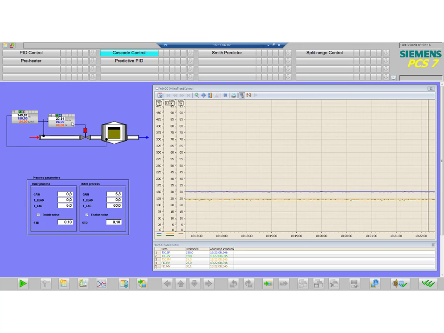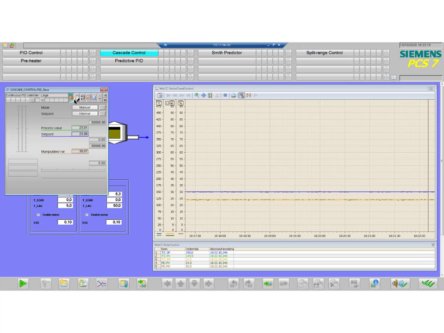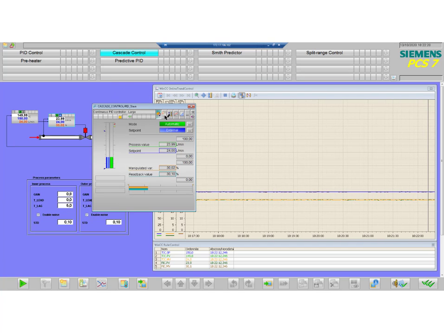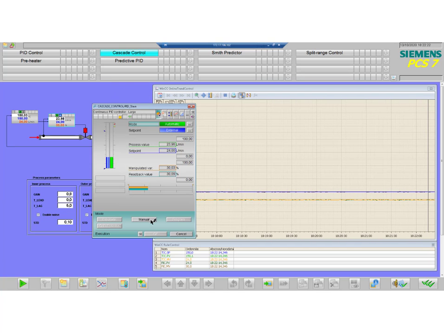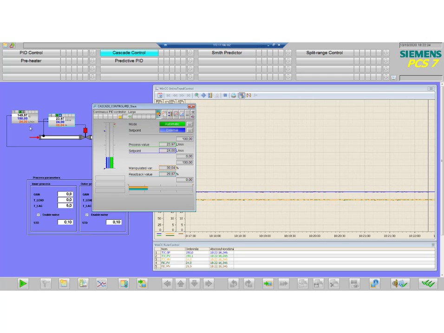What you can now do is go to the WinCC interface and take this one to, for instance, manual mode. As you can see over here, there is a T for tracking, so this controller is now locked.